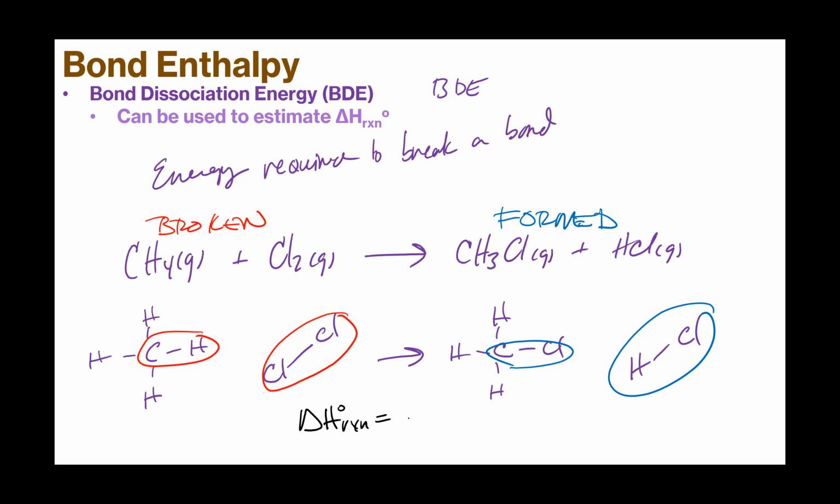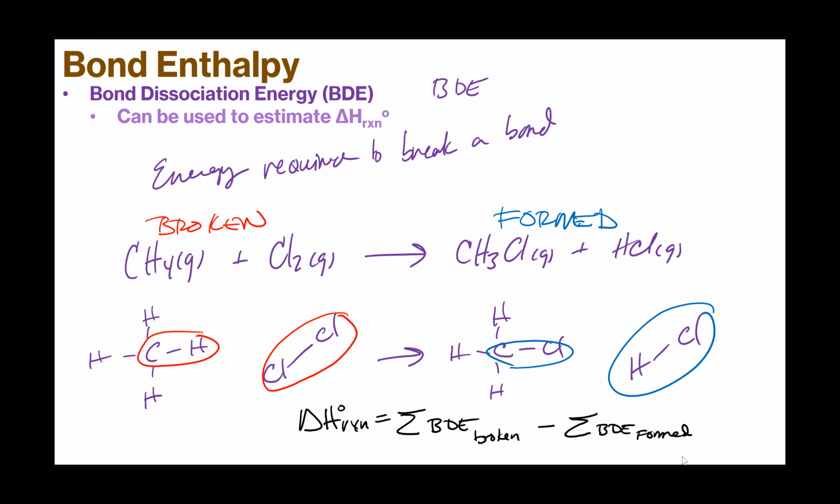This is going to be equal to the sum of the bond dissociation energy broken minus the sum of the bond dissociation energy formed. So we're going to do broken minus formed.